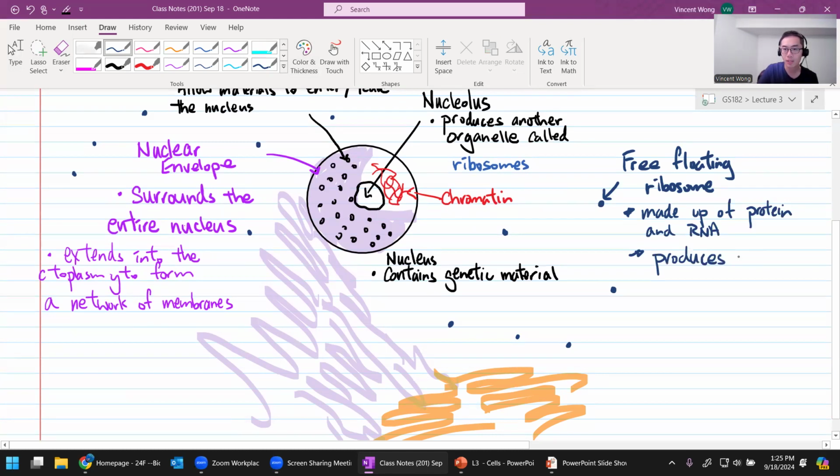The ribosome produces proteins. Remember our previous discussion? Proteins are made up of amino acids. So they're like beads that you connect together to make a long chain. In the cell, that's the job of the ribosome. They will find the amino acids and connect them together to build the protein for you.